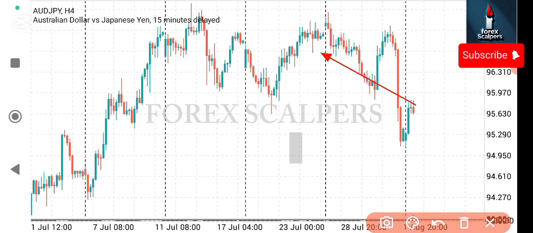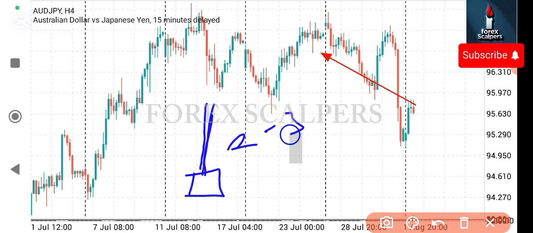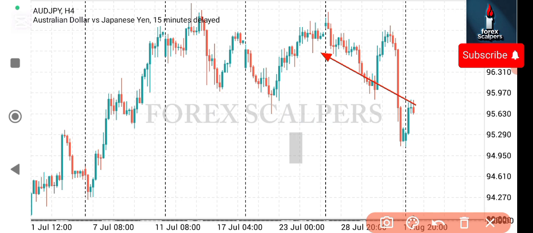So if the pin of your pin bar candle, this pin you are seeing, is not up to 2 to 3 times, it is not a valid pin bar. It is not a valid pin bar. So it won't form part of our entry signal. And the opposite is for a bullish one.